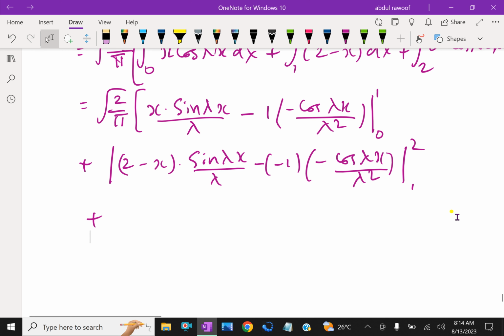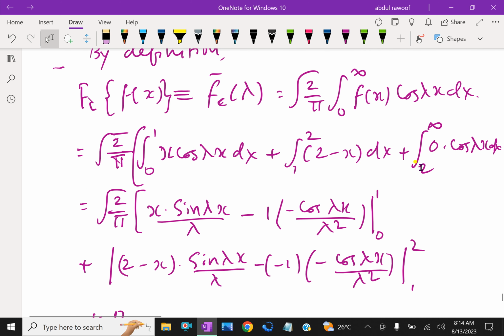This third part is 0 because 0 into cos anything is 0.